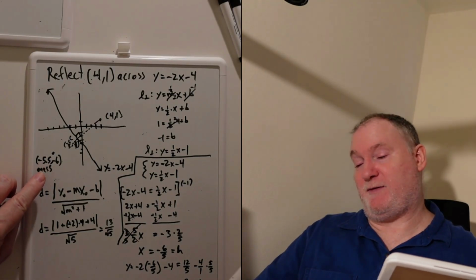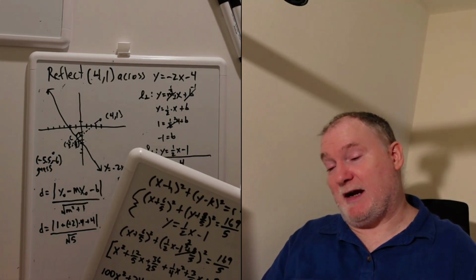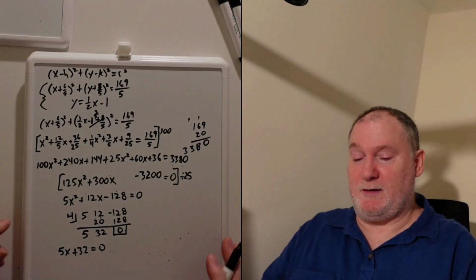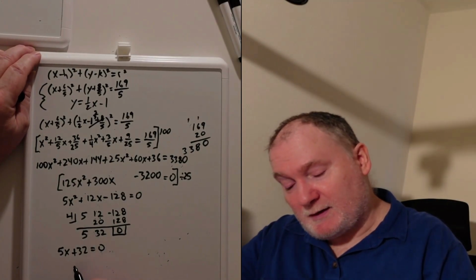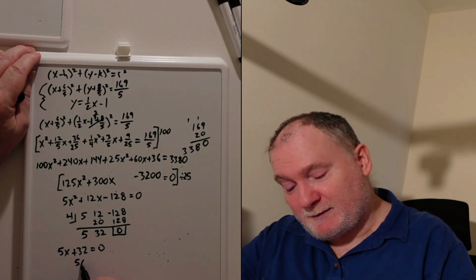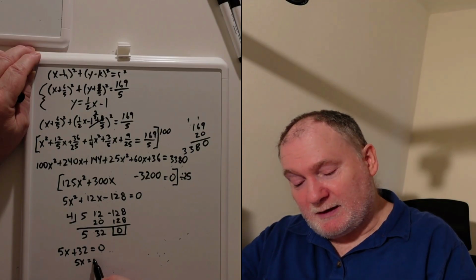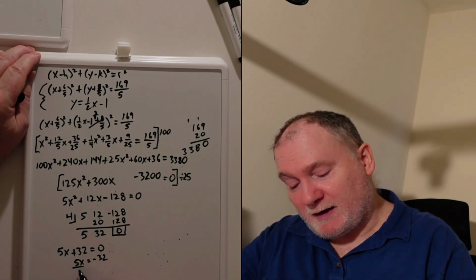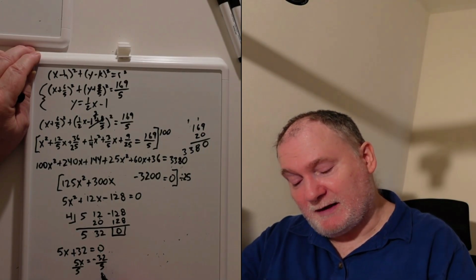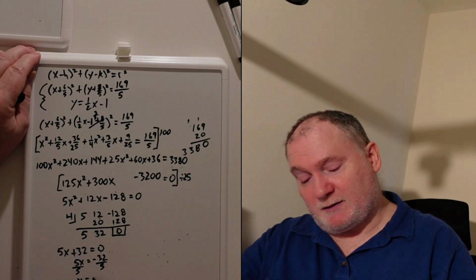I thought it was about negative 5.5. Now we have it. So 5x is equal to negative 32, divided by 5, divided by 5. So x is equal to negative 32 fifths.